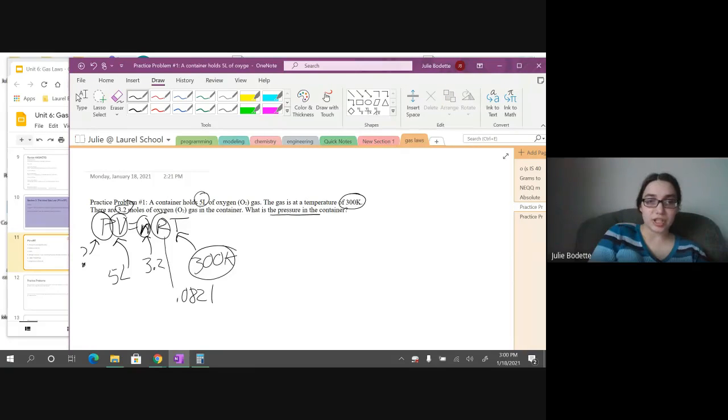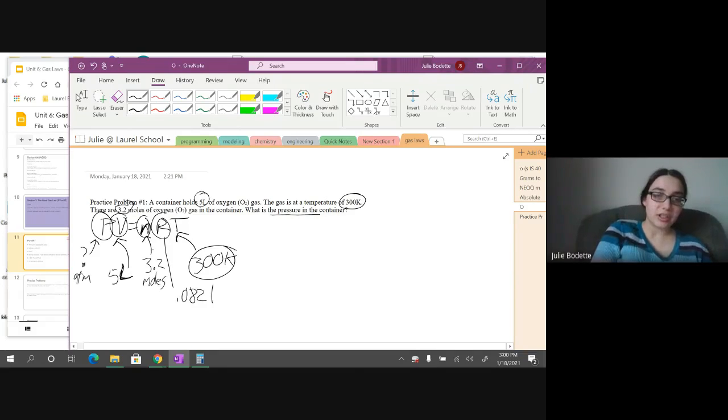And let's double check our units. We don't know pressure, but pressure should come out in atmospheres. Volume is in liters. Good. We have moles. That's good. R is good. And our temperature is in Kelvin. So that's good.